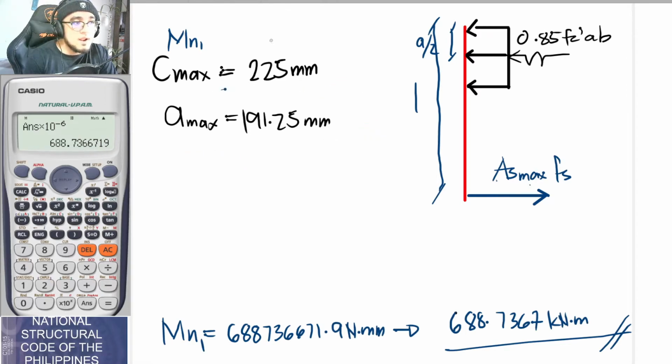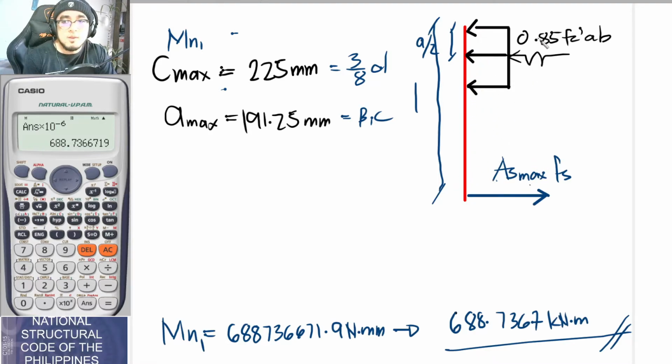So the formula there is 3 over 8 d, and this is beta 1 c. And since you already know the value of your a and your c, you can get the moment about this point, so that you will not include As max fy. With that, your lever arm would be this.